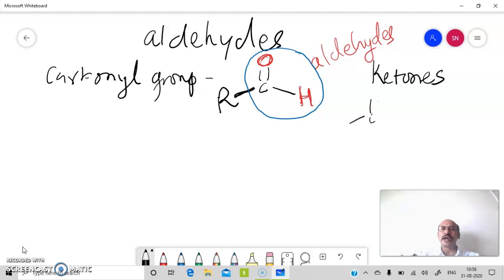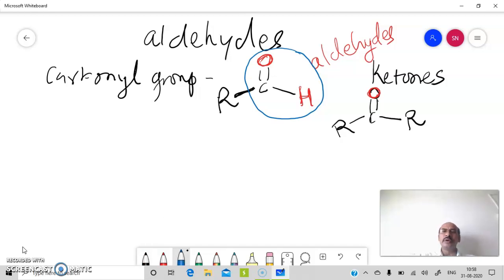Again carbonyl group, carbon double bond oxygen, and to both unused valencies there are carbon skeletons. I am writing as R and R. Maybe aryl also. So here what is the difference between aldehyde and ketone?